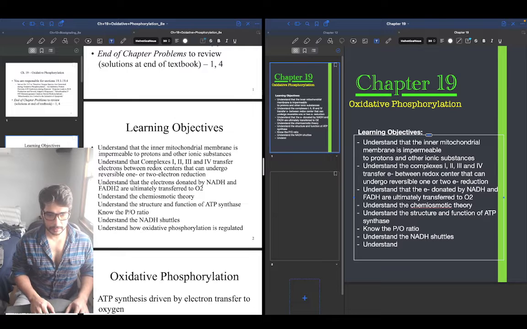Understand how oxidative phosphorylation, this word, phosphorylation, you would think I would know how to type it by now, is regulated.